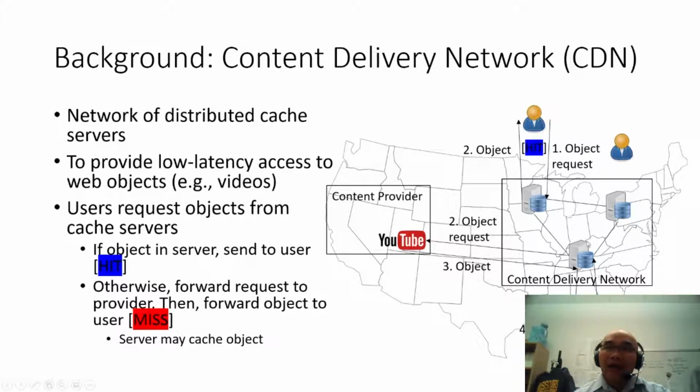And when the server receives the object from the content provider, the server may cache the object so that in the future, if the object is being accessed again, then the server can just serve the object rather than forwarding the request to the content provider.